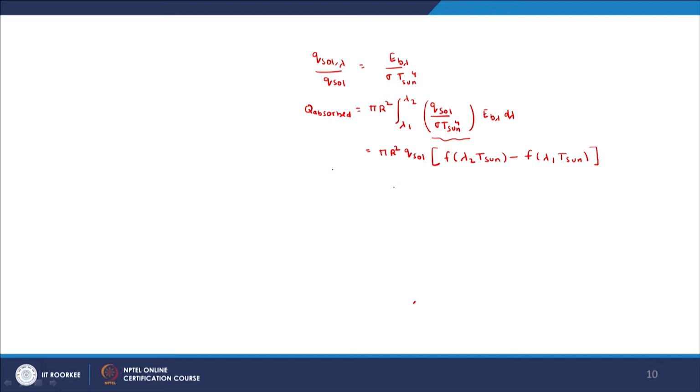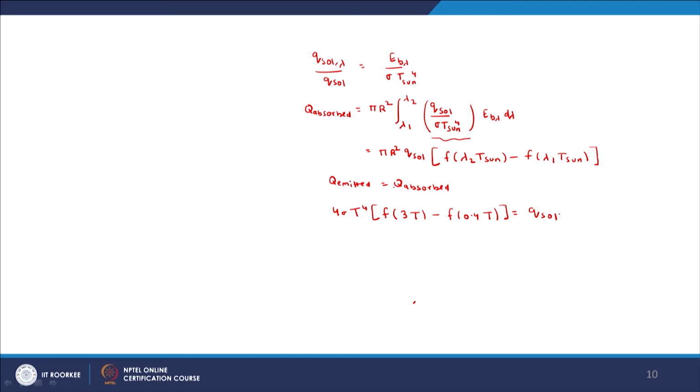Now, we do an energy balance on the sphere, that means Q emitted is equal to Q absorbed, and we get 4 sigma T power 4 times f of 3 micron times T, the temperature of the sphere, minus f of 0.4 micron times T, is equal to q sol.